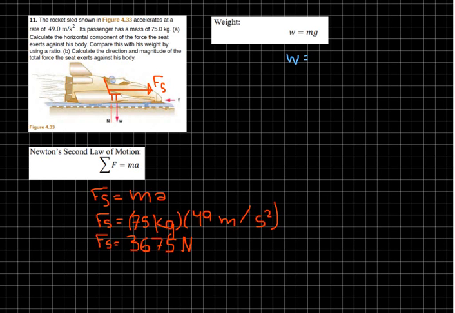The weight of the passenger will be equal to 75 kilograms, which is the mass of the passenger, times the value of gravity, which is equal to 9.8 meters per second squared. And the answer for that will be 735 newtons.